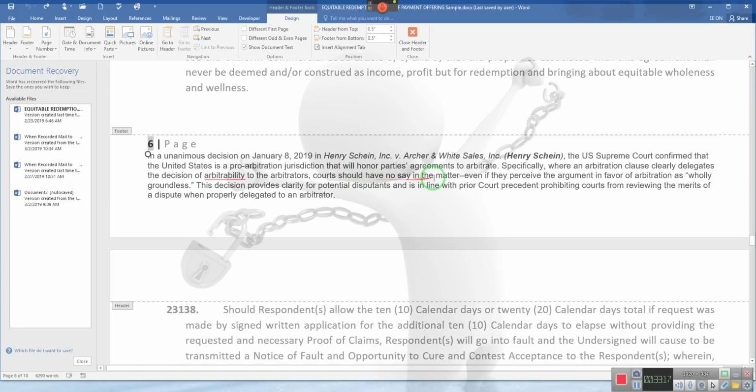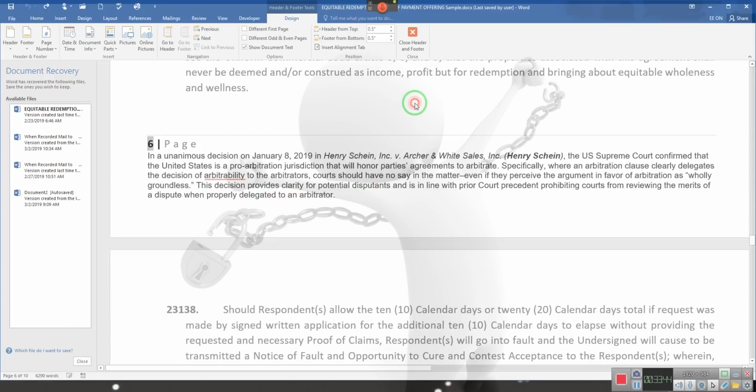The courts should have no say in the matter, even if they perceive the argument in favor of arbitration as wholly groundless. Doesn't matter what the court thinks, is what the court said. This decision provides clarity for potential respondents, and is in line with the prior court precedent prohibiting the courts from reviewing the merits of a dispute when properly delegated to an arbitrator.